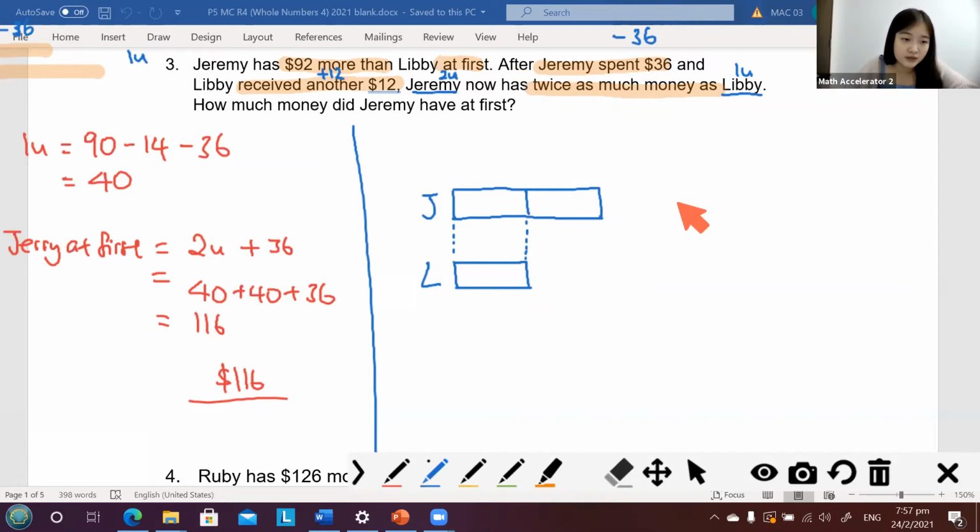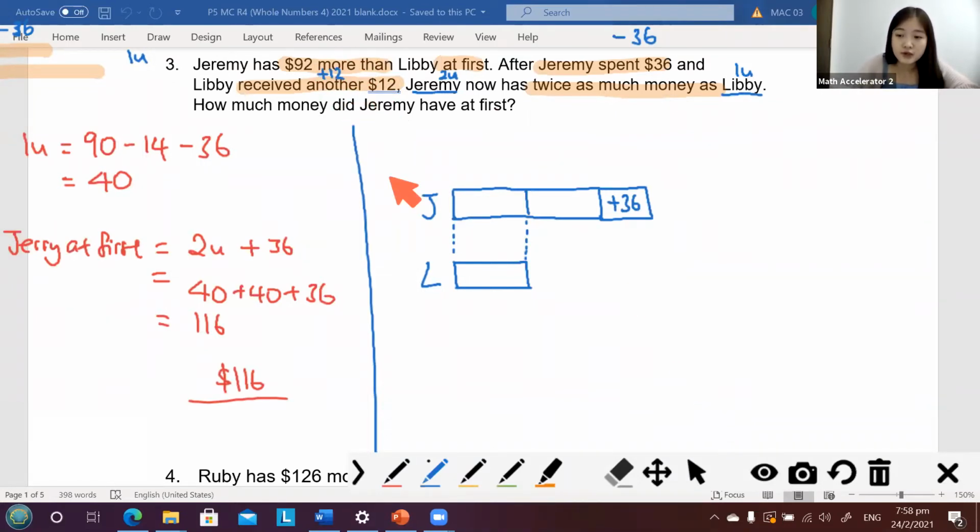Plus or minus 36? Plus 36. Yes, you should plus, because working backwards is the opposite. Same goes for this 12 here.